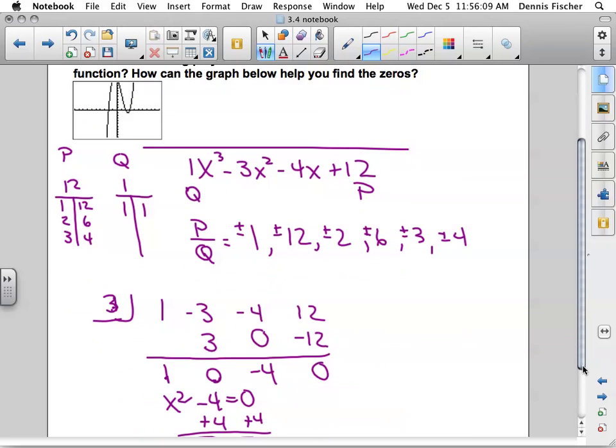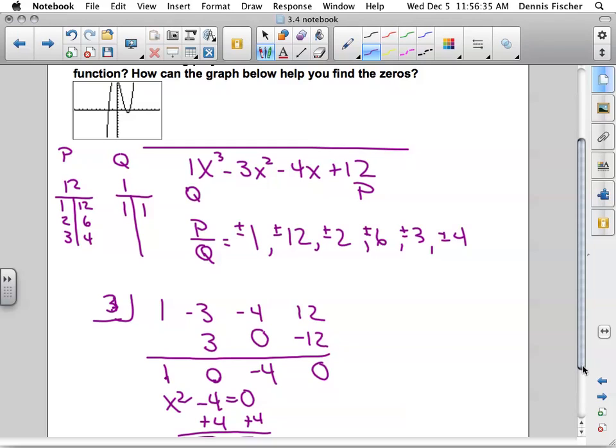It doesn't always work on here, but it could be negative, positive, that didn't alternate, right? But if I would have tried, let's say, 4 in here, and my numbers were all positive right here, do I have to try 6? No. Do I have to try 12? No. It just limits your choices down, that saves you some time.